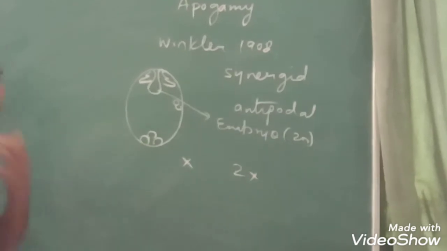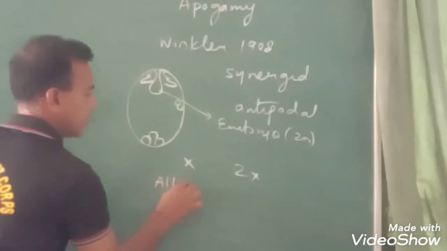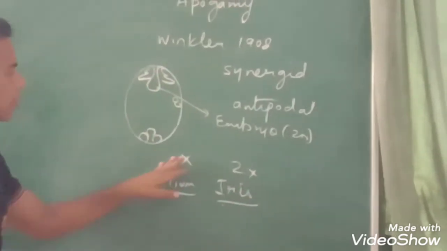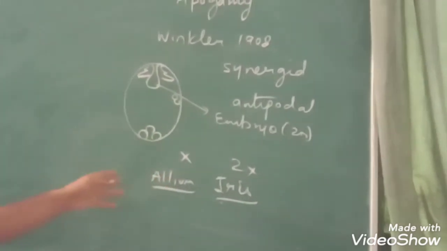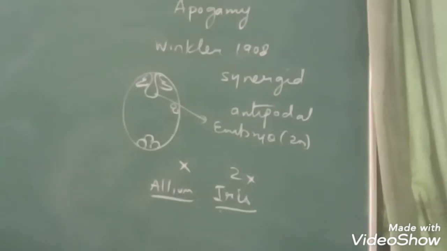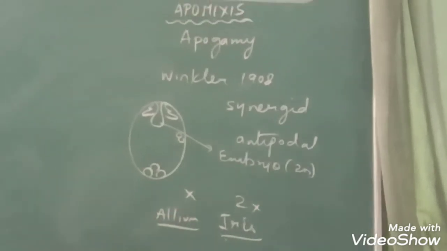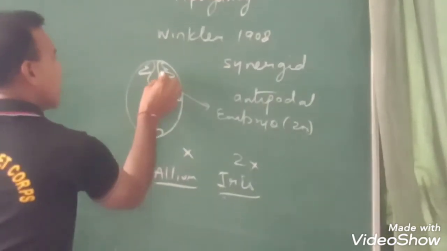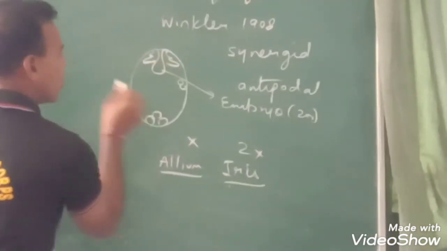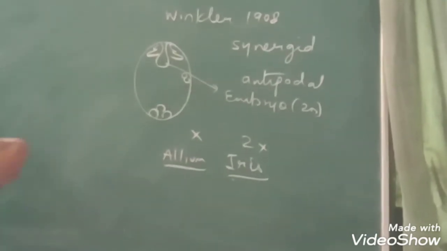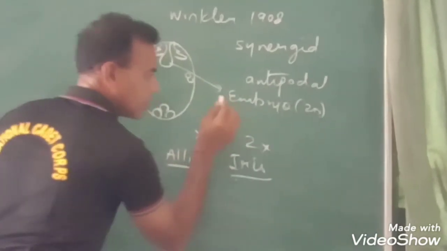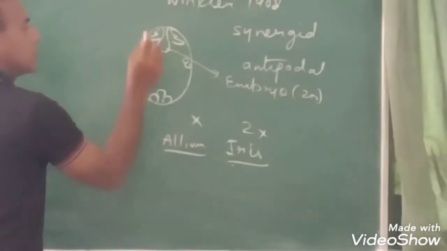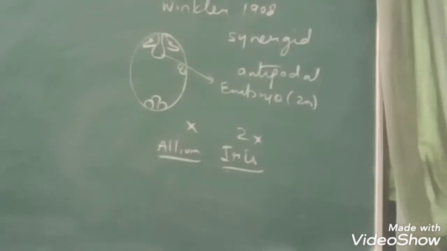It has been reported in plants like Allium and Iris. Now, differentiating haploid and diploid apogamy. In haploid apogamy, the embryo develops from haploid synergid or antipodal cells, whereas diploid apogametics develop from diploid synergids or diploid antipodals.